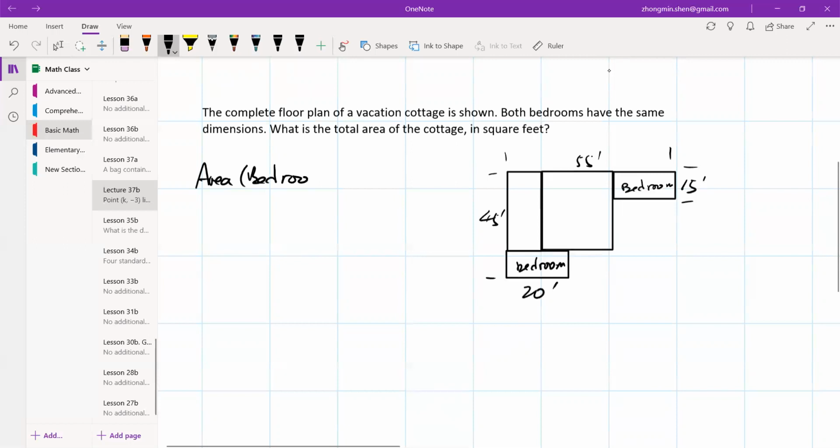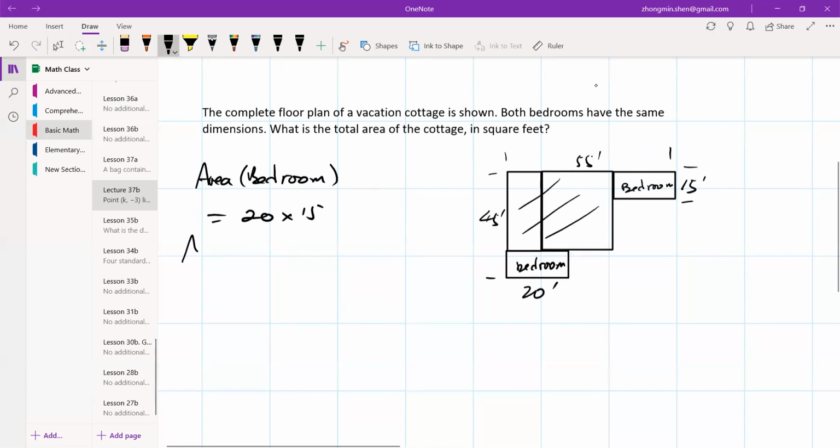One single bedroom is going to be 20 times 15, right? Because they have the same dimensions, one bedroom given the width, other bedroom given the length. Right, so now you have to find out the area of the remaining part. Let's say this part, right?